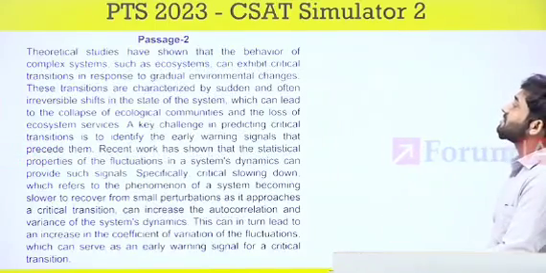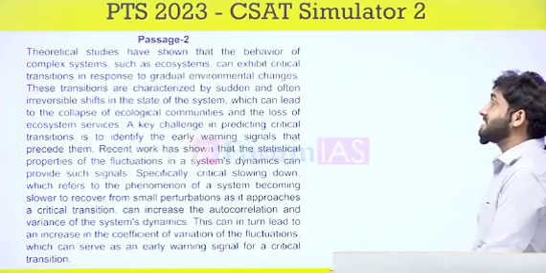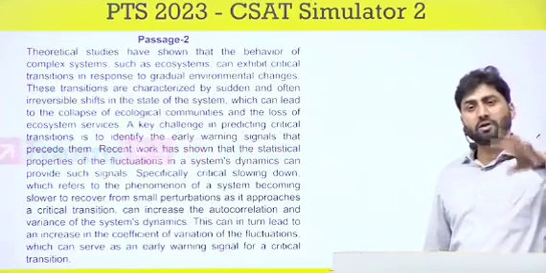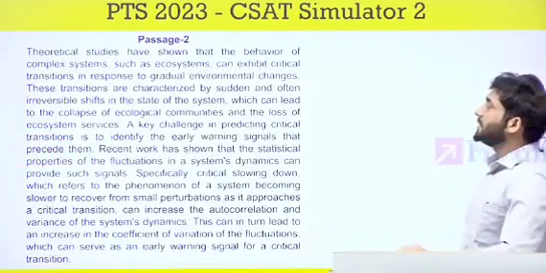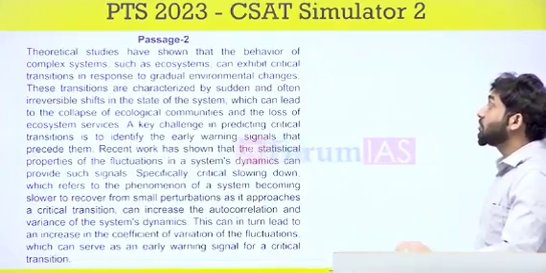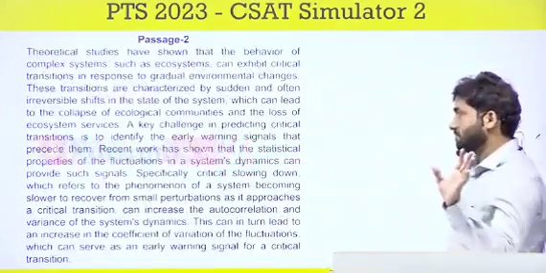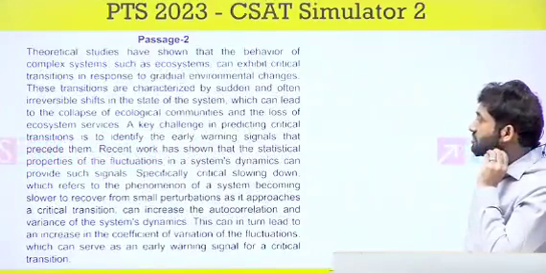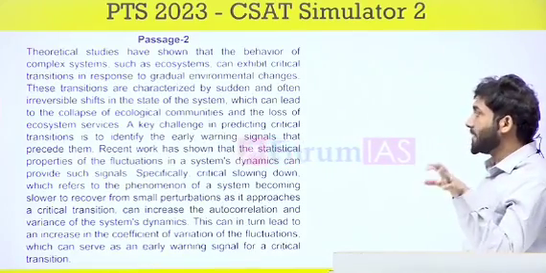These transitions are characterized by sudden and often irreversible shifts in the state of the system, which cannot be brought back to the original shape, and which can lead to the collapse of ecological communities and the loss of ecosystem services. A key challenge in predicting critical transitions is to identify the early warning signals that precede them.